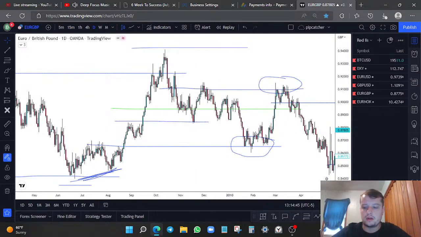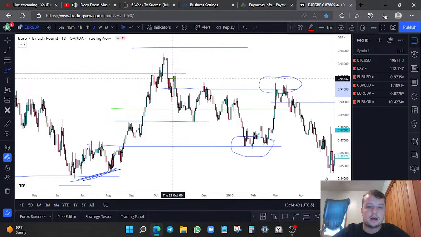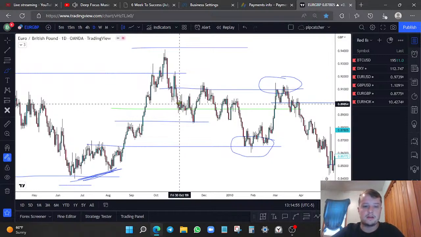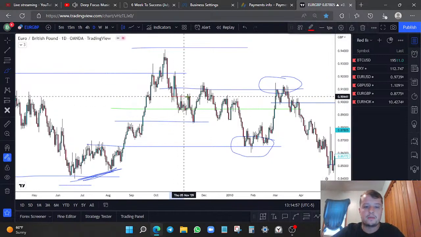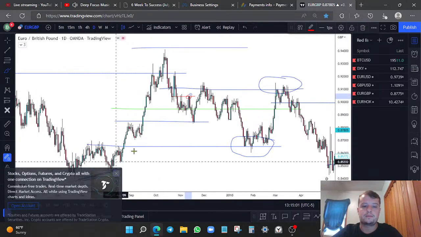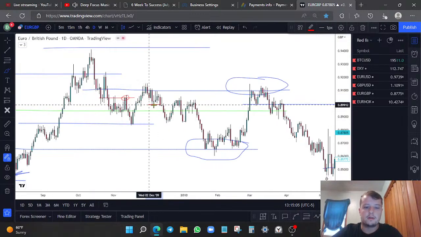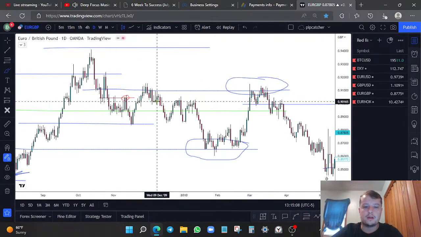Nothing really super clear in this area, but you do have a heavy buying candle and then a push back to the downside that broke structure. So you could be selling in this area. We get another minor break of structure here.